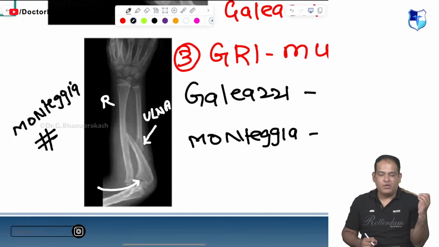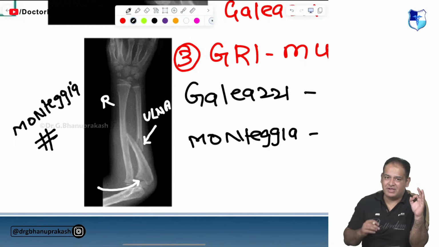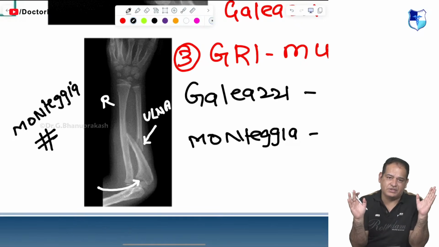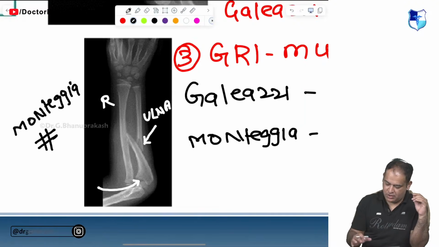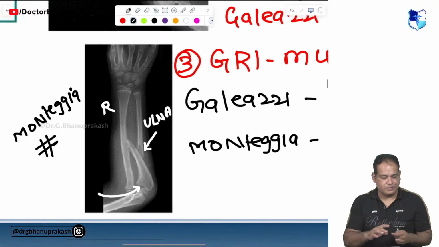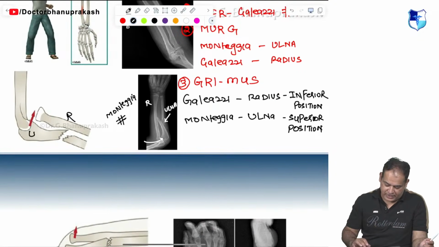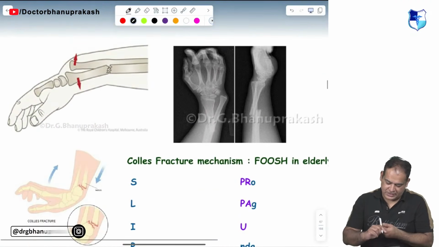What is important in nightstick fracture is that there will be no other fracture, no other dislocation. So it is an isolated fracture. Now see this.